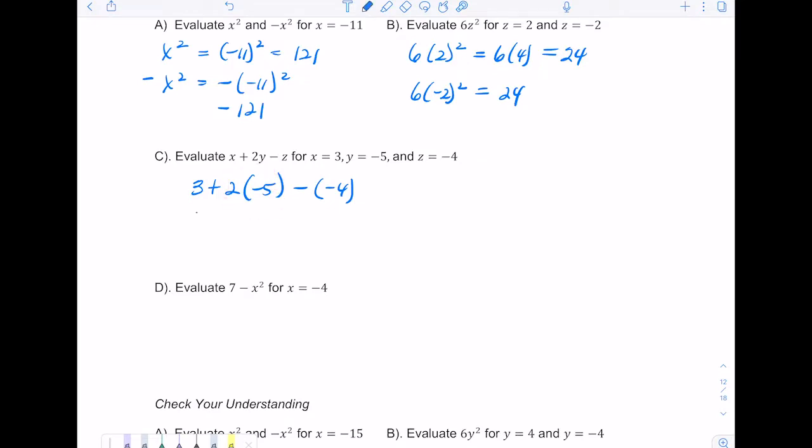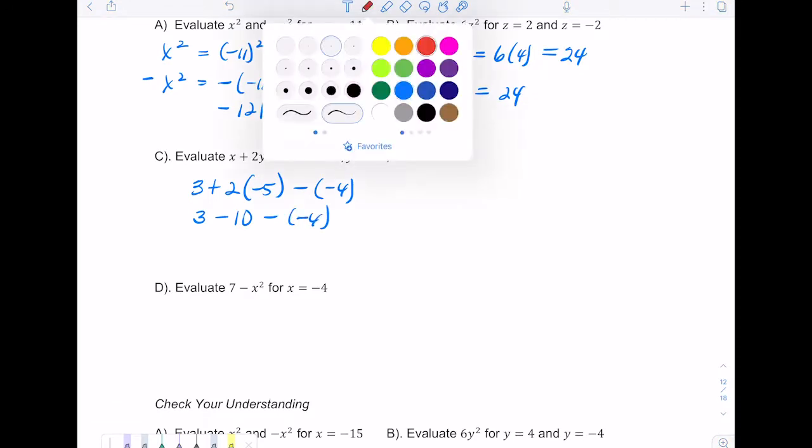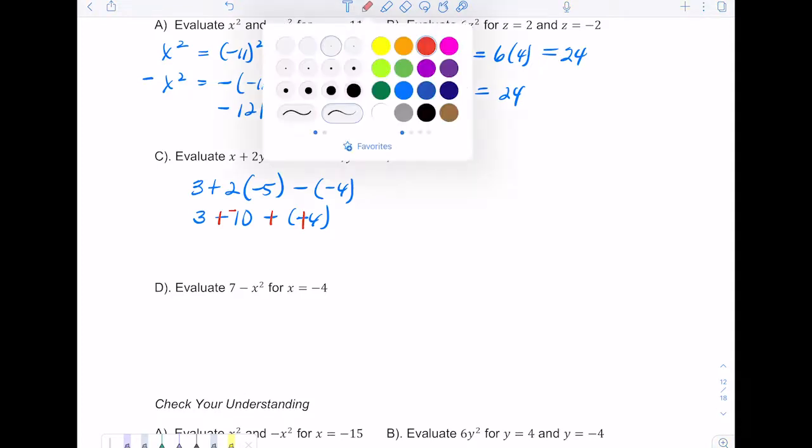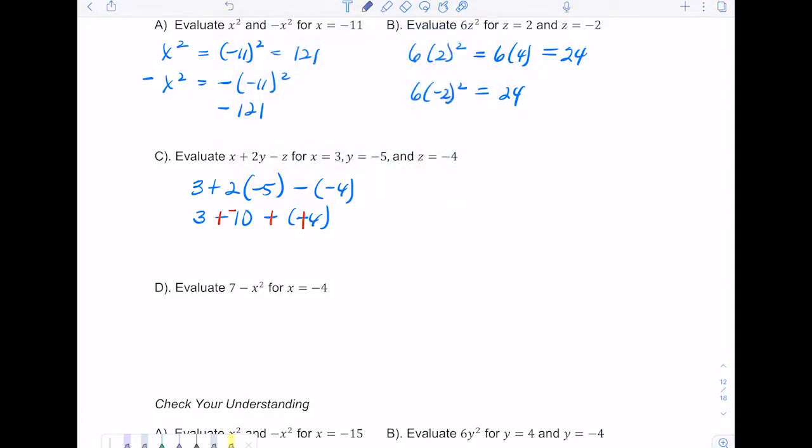So I'm going to do 2 times -5, which is -10. And then remember, when you're subtracting, you change the minus to a plus, change the sign of the second number. And I'm subtracting again, change the minus to a plus, change the sign of the second number. So now if I do 3 plus negative 10, that gives me negative 7, plus 4, which is negative 3.